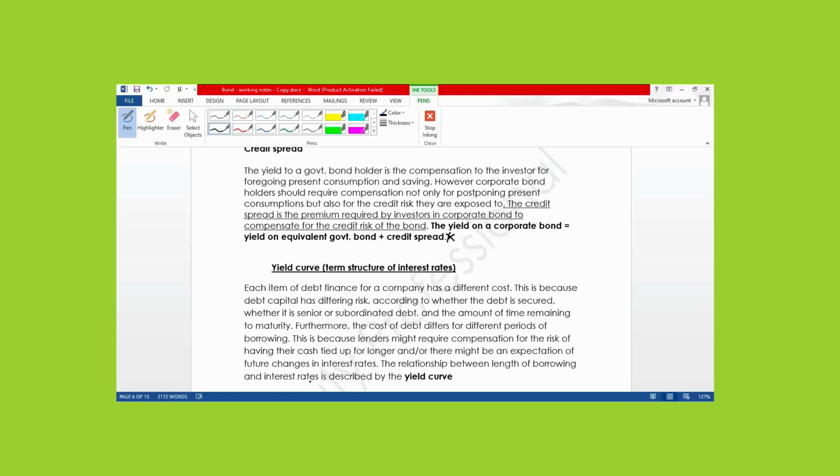Usually, the longer the maturity, the higher the interest rates.